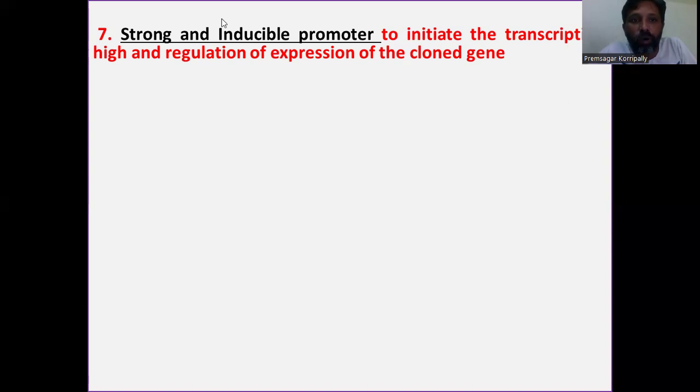The second most important one is inducible. So when you clone your gene of interest under the control of a strong promoter, it must be inducible.